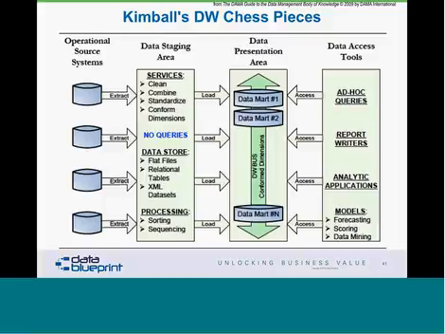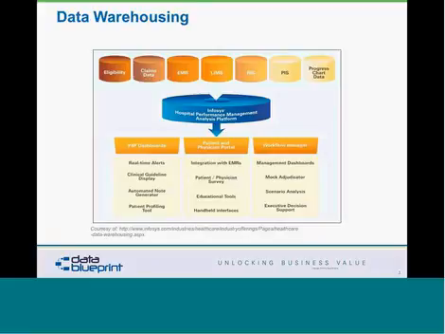This is then moved into a data presentation area, the 3rd column, going from left to right, and this may end up in a series, as I said before, of data warehouses or data marts that may be connected with a bus type technology, either real or conceptual, so that we can integrate across them and then use a variety of our 4th column tools over there that give us access to queries, report writers, different analytics components, and most important for many organizations, different types of models that you use. Whether it's a forecasting model, a credit scoring model, or a data mining model, all kinds of things are extremely helpful there.